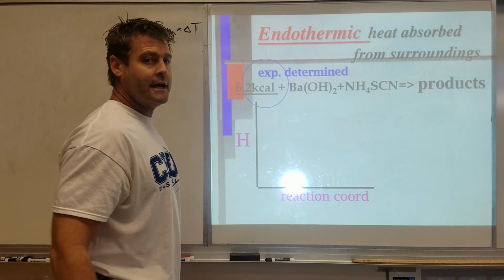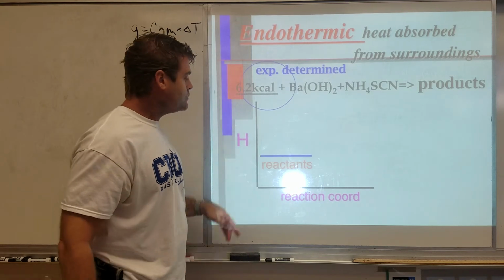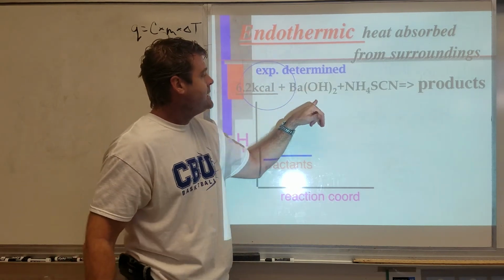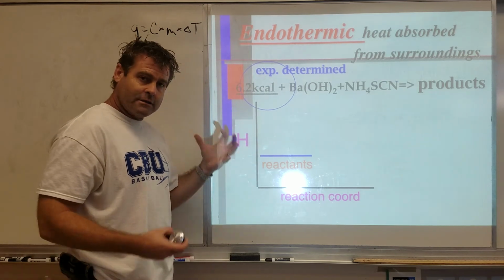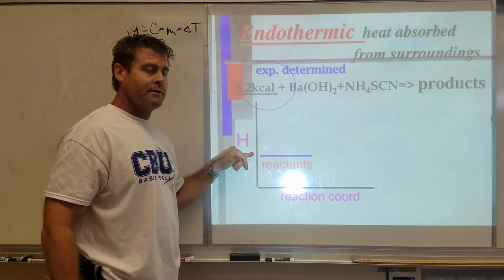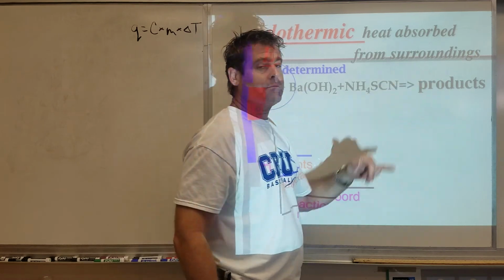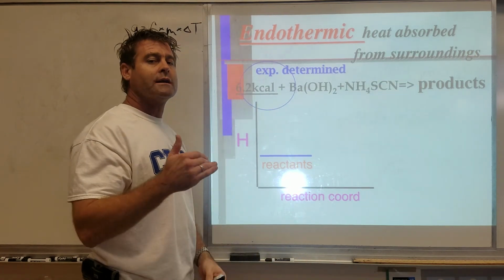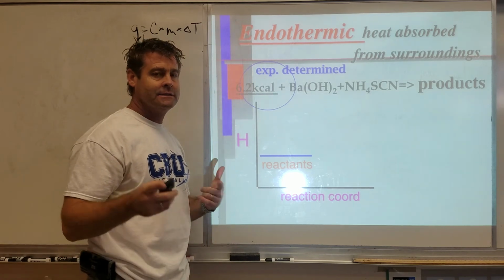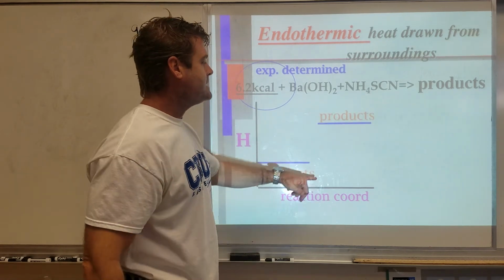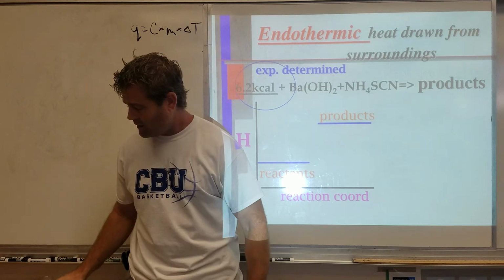So if we were to do the enthalpy diagram again, the reactants in this case, barium hydroxide and ammonium thiocyanate, have a certain enthalpy, a certain amount of energy associated with them. When the products are produced, the question is, are the products higher or lower in stored energy than the reactants? Hopefully you would realize that in this case, it's going to be higher.